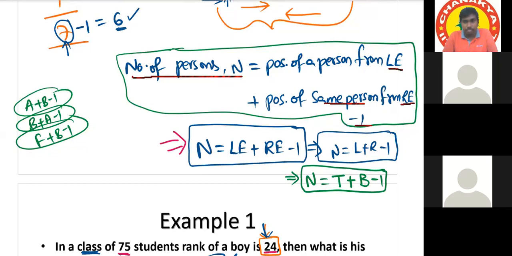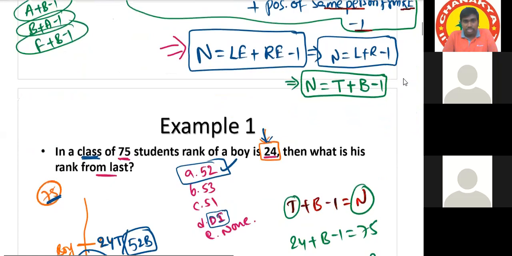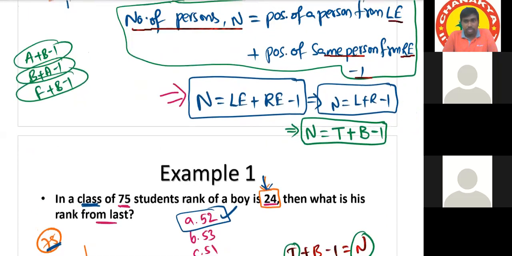Because the same person is counted twice, so we have to reduce one. Simplified, n equals LE plus RE minus 1, or L plus R minus 1. If it is a vertical arrangement, T plus B minus 1: position from top plus position from bottom minus 1.